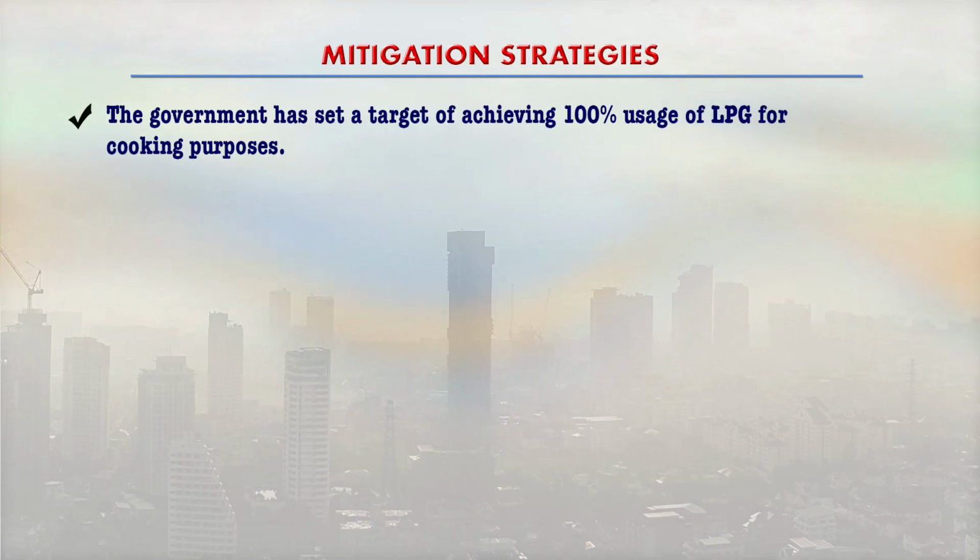To tackle the problem of open burning of garbage and household waste, door-to-door collection of segregated waste has been introduced and several compost pits have been established in urban cities. In the residential sector, the government has set a target of achieving 100% usage of LPG for cooking purposes.